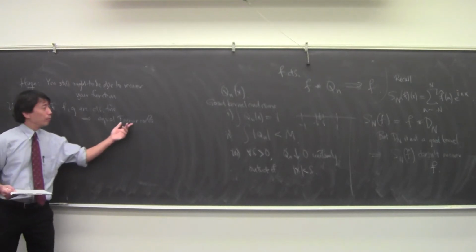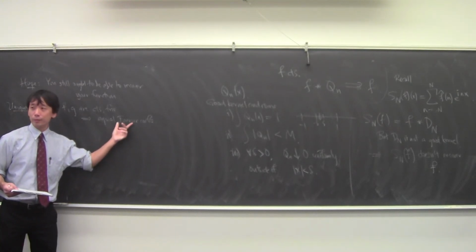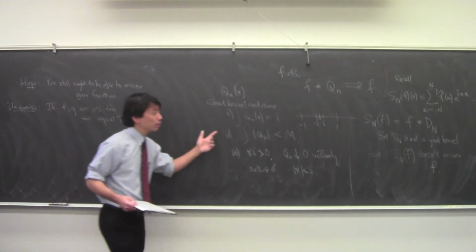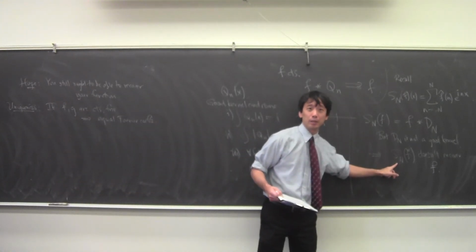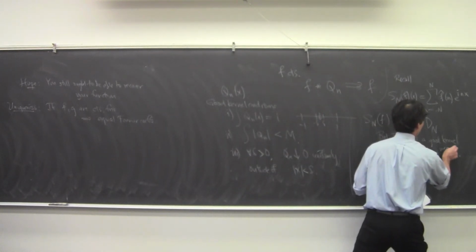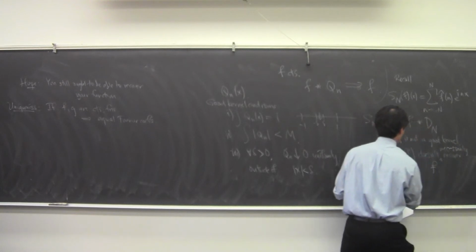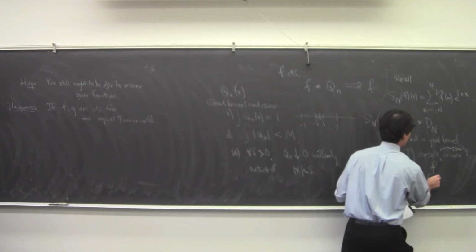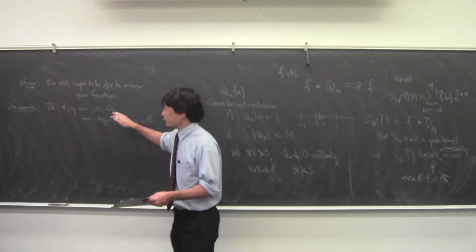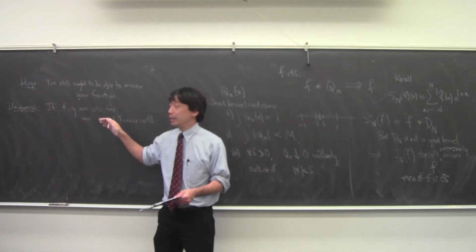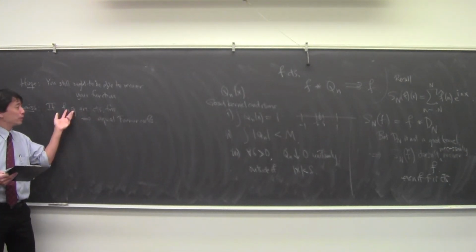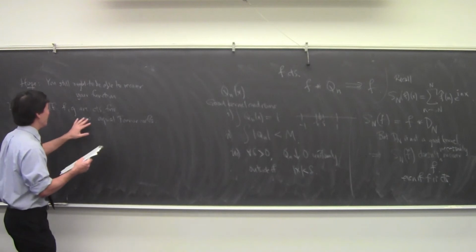So you think that, well, if you know the Fourier coefficients, then you should be able to get back your function. You can't get it back this way, not necessarily, even if f is continuous. What am I saying?